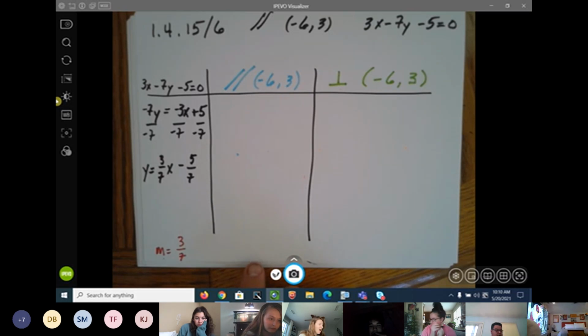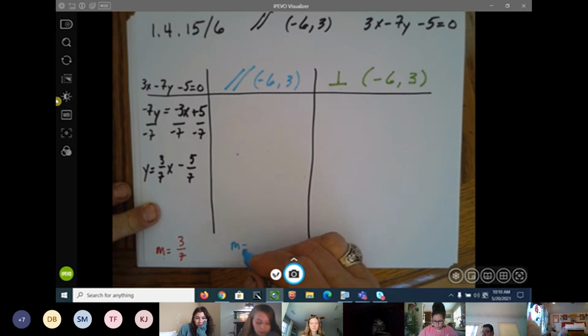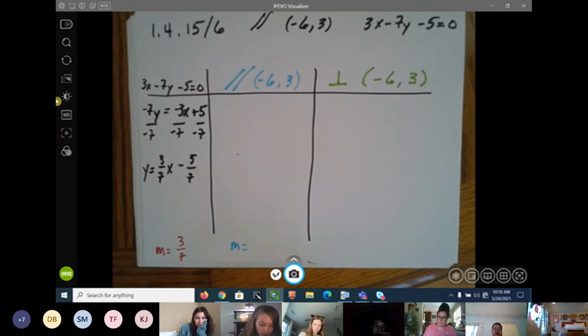All right. So what is this m going to be? What's the blue m going to be? And don't say you don't know, because we went over this yesterday. Look at your third page.